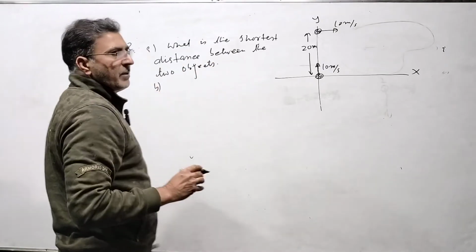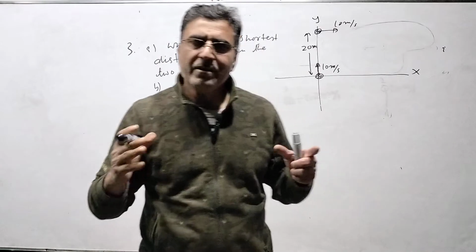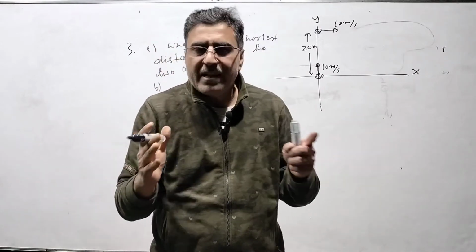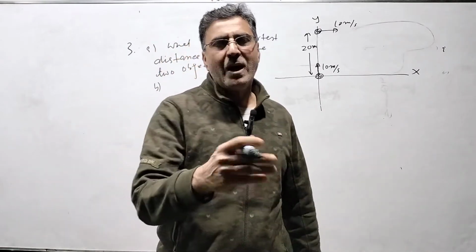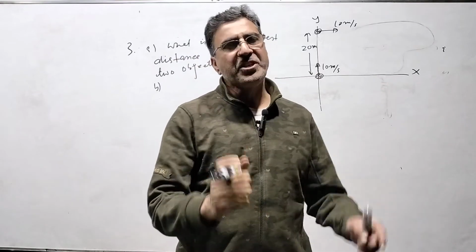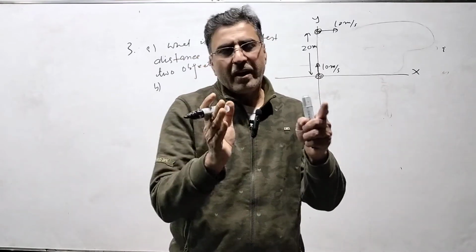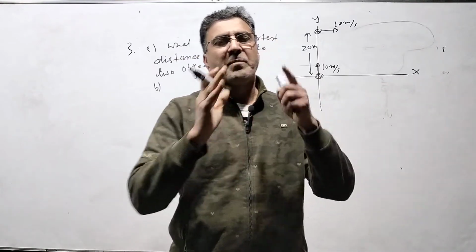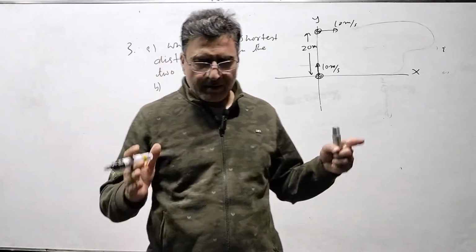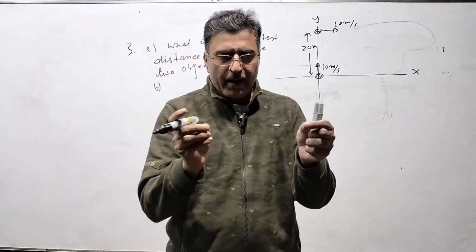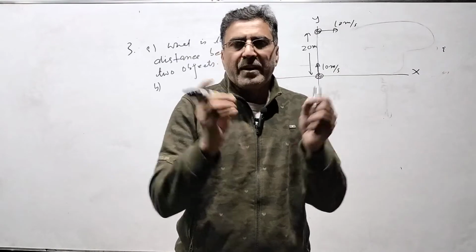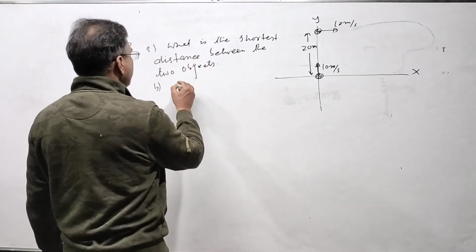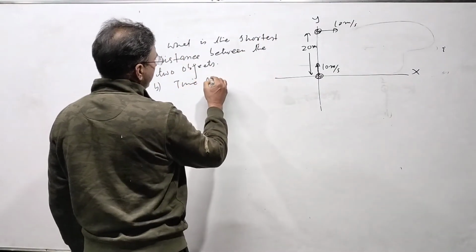Second, in which time they will achieve this shortest distance. After how much time they will reach the shortest distance, or they will have the least approach. I mean, the time in which the particles come very close to each other.